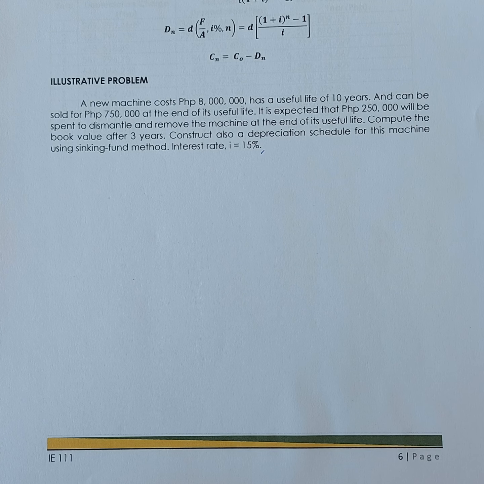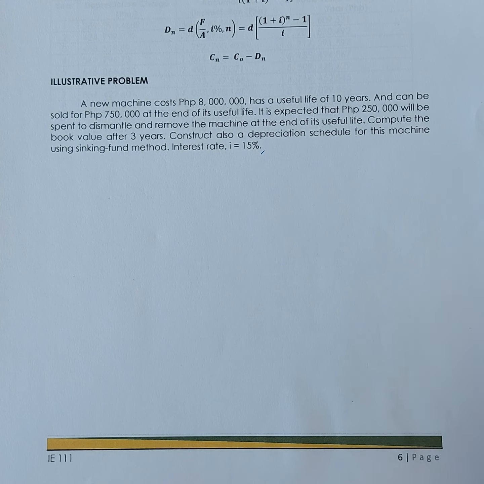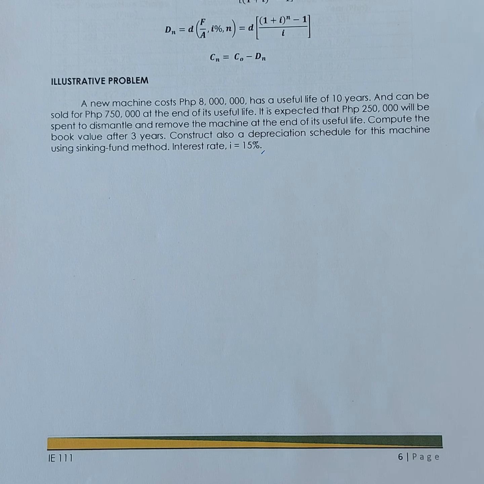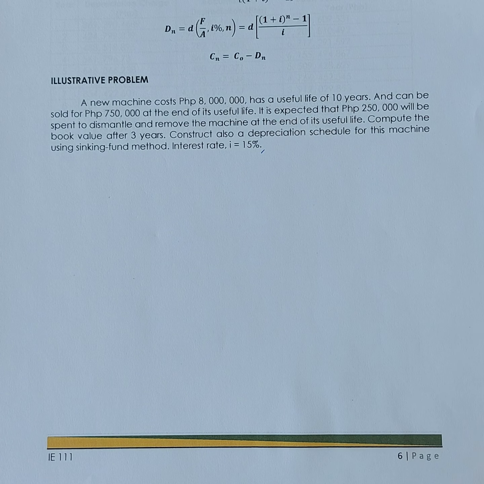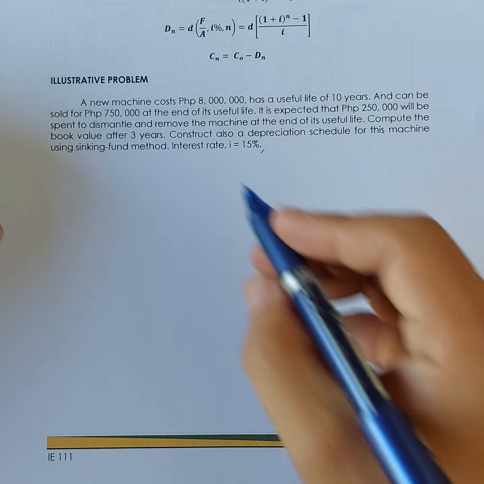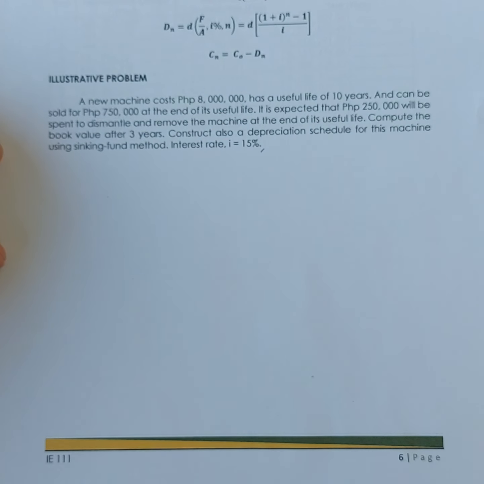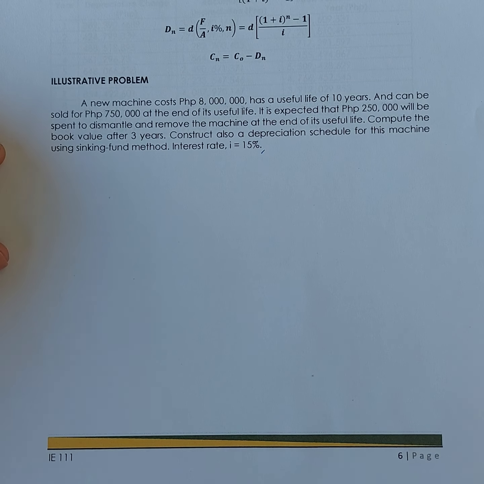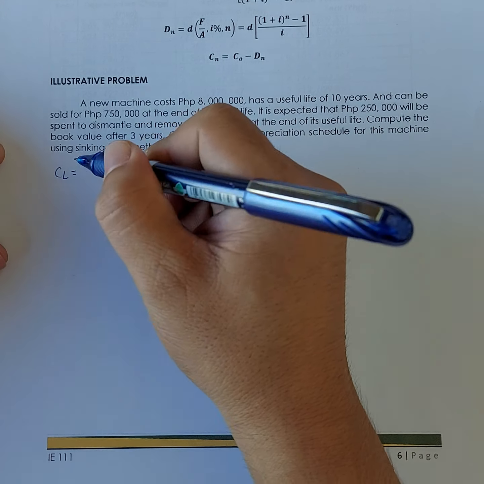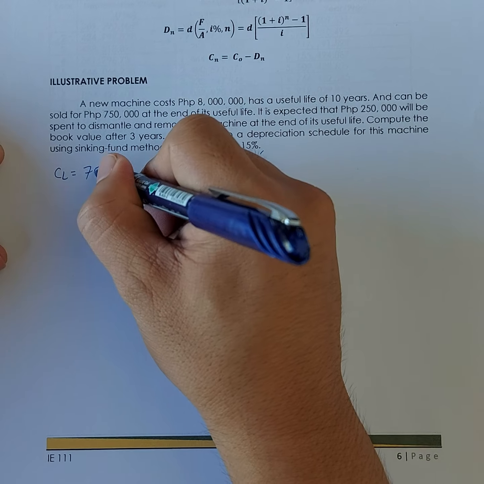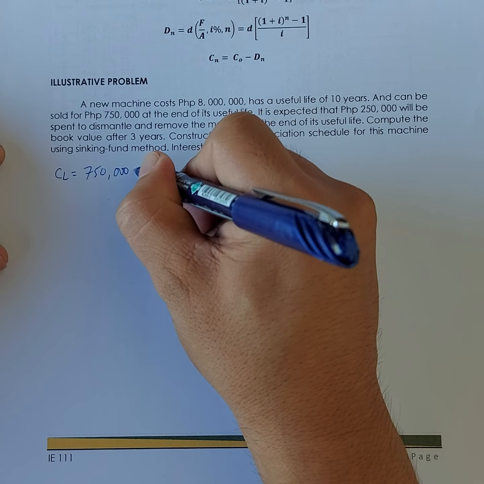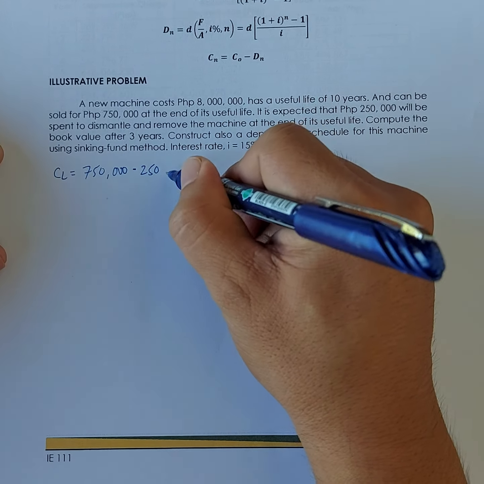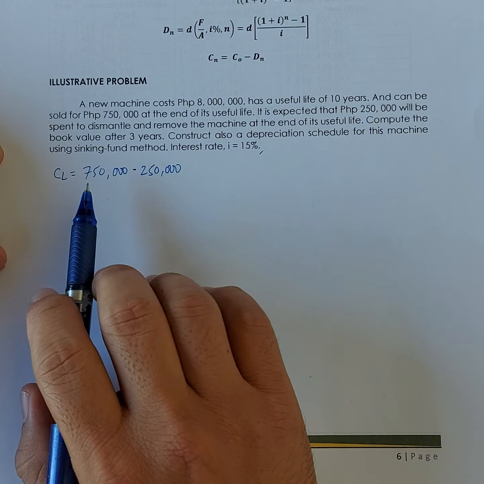Again, we need to compute for the net salvage value since there's some sort of amount that is needed to dismantle or remove the investment or the machine, no? So the salvage value is equal to 750,000 minus 250,000. So galing yan, ito yung salvage value.